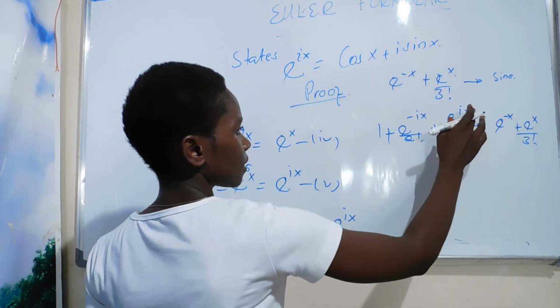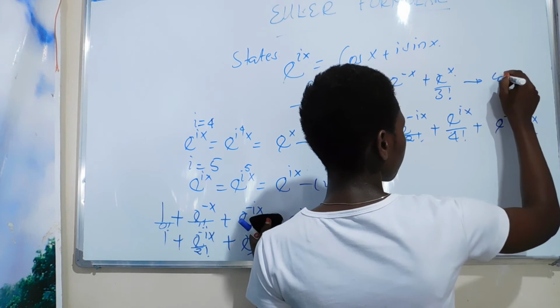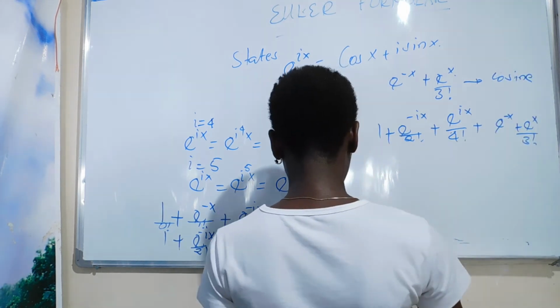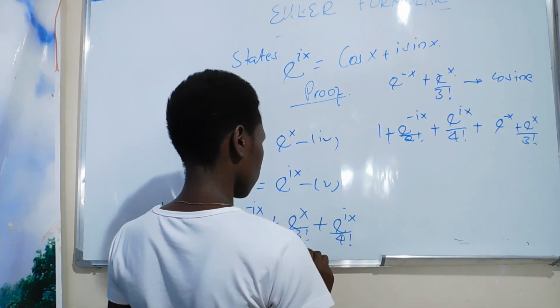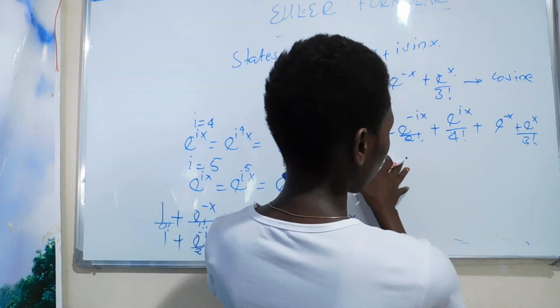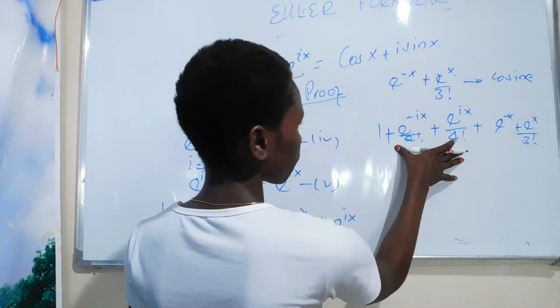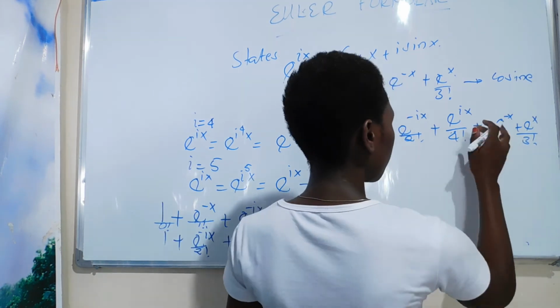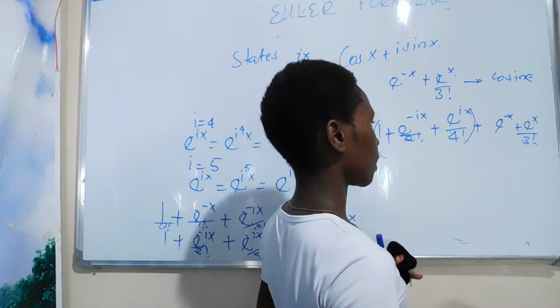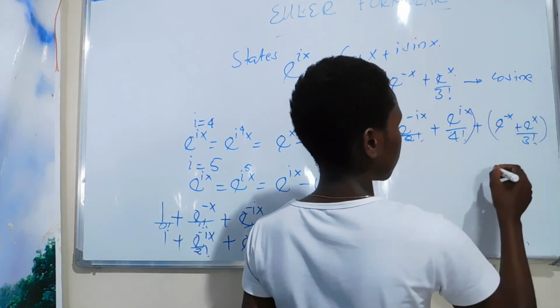So this, I said, is the series of cosine and this is the series of sine. So this is the series of sine and this is the series of cosine.